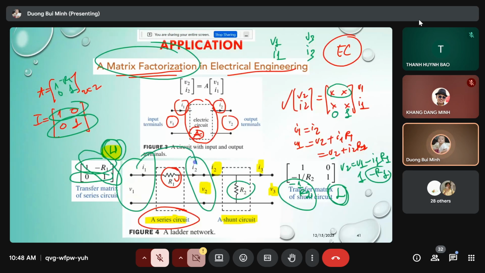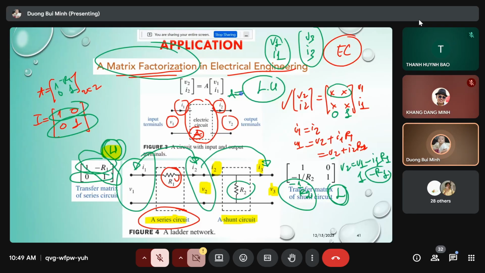Now we have the relationship between V1 and I1, and I2, and I3, V3. If I combine, I would like to find the relationship between V1, I1, and V2, which you get as L times U.